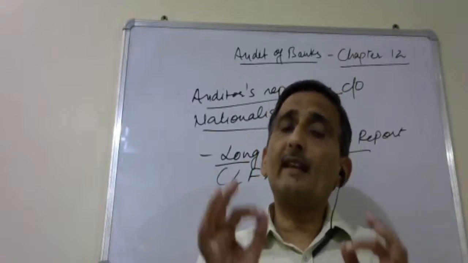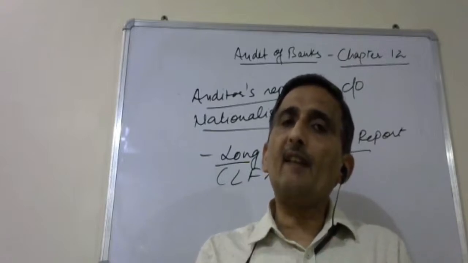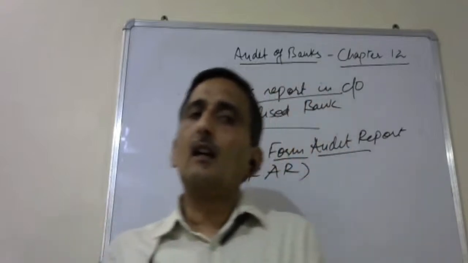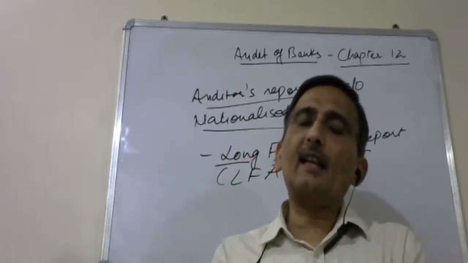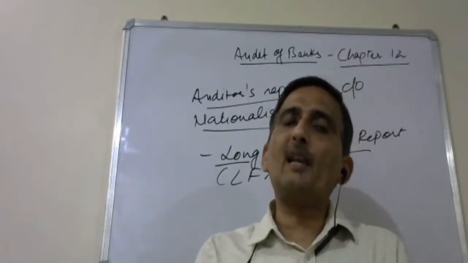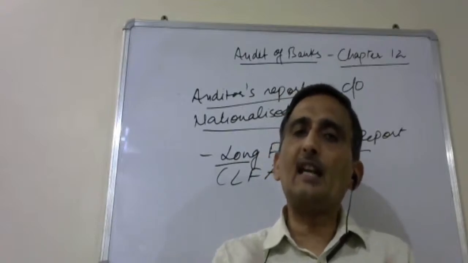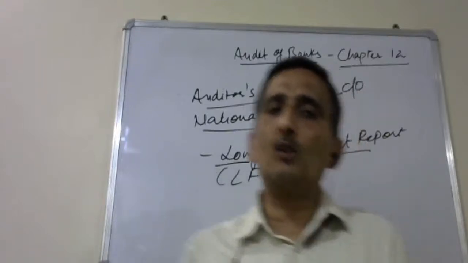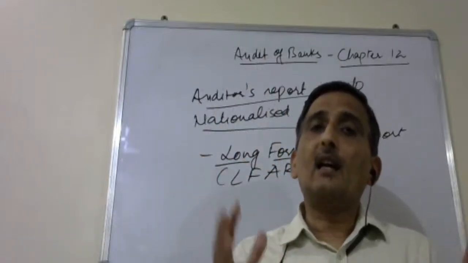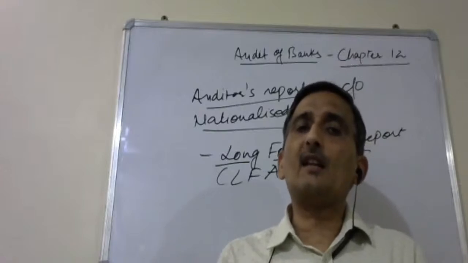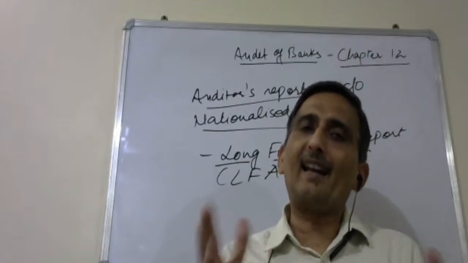Number two, he also has to give a report on the effectiveness of internal controls over financial reporting. That is normally in the annexure to the main audit report. So whether the internal financial controls over financial reporting are operating effectively, so that the output of financial information is accurate and reliable.